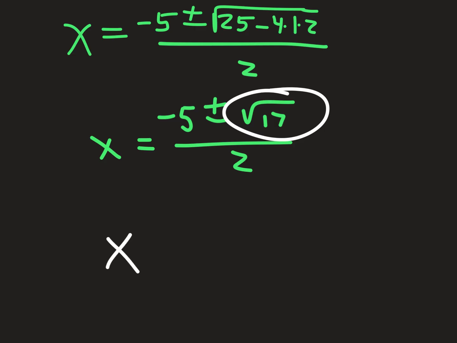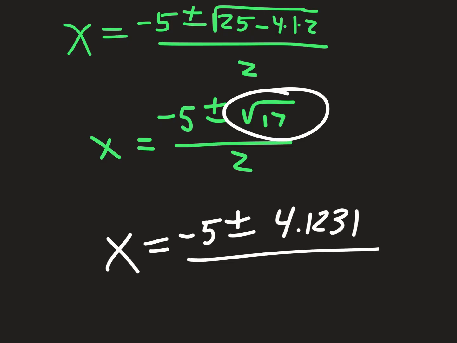Okay. -5 plus or minus. What is the square root of 17? 4.1231. Again, the reason I'm not rounding is because I'm not at the end of the problem.